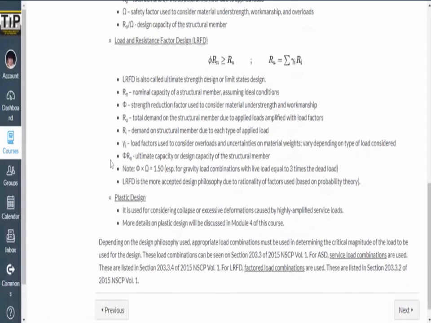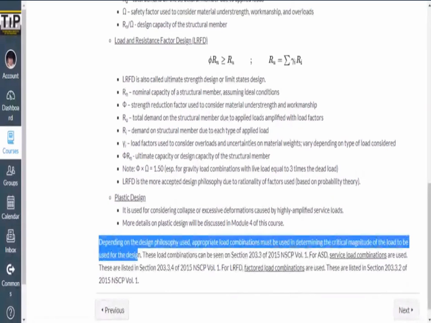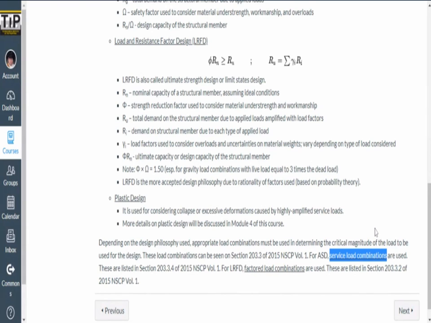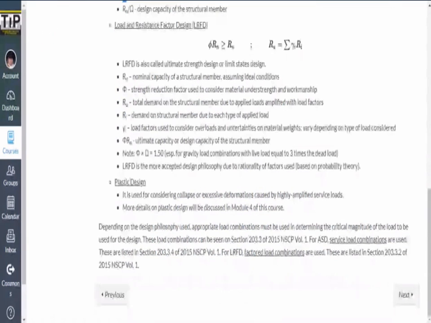And then, depending on the design philosophy used, appropriate load combinations must be used in determining the critical magnitude of the load to be used in design. So we use load combinations. For ASD, we use service load combinations, so without the load factors, because it is already considered in the factor of safety. While for LRFD, we use the factored load combinations.